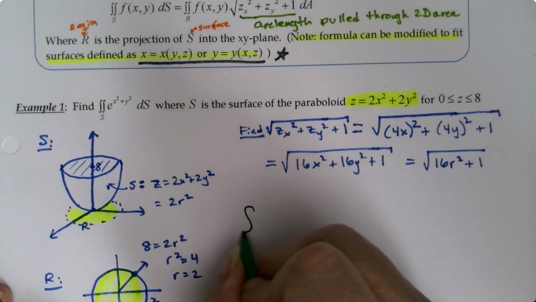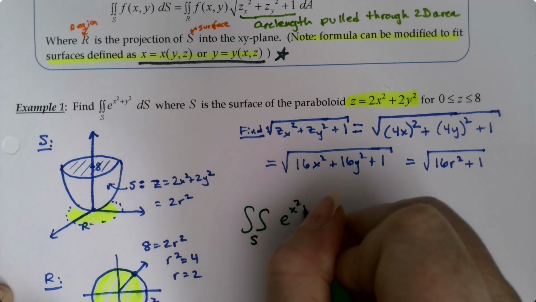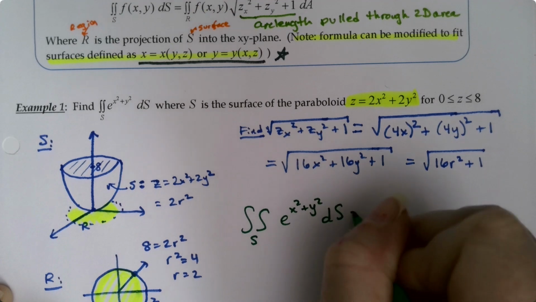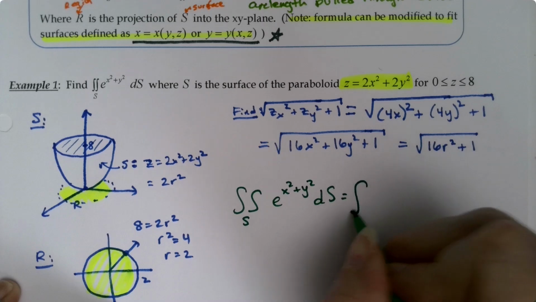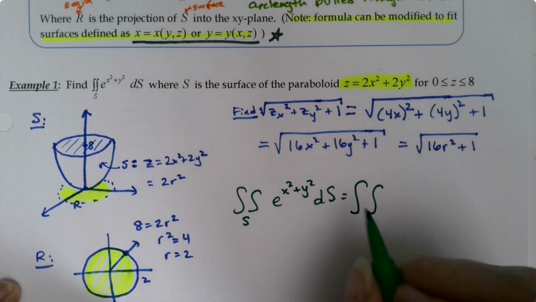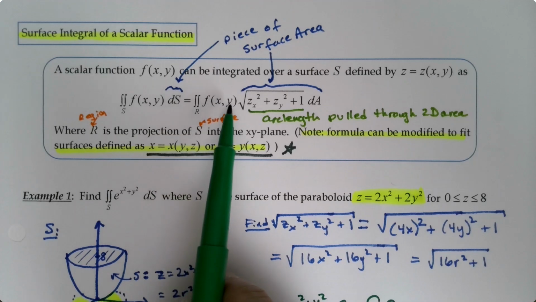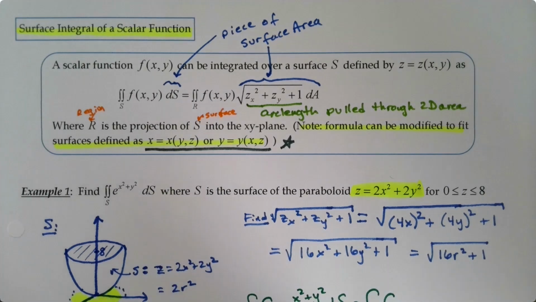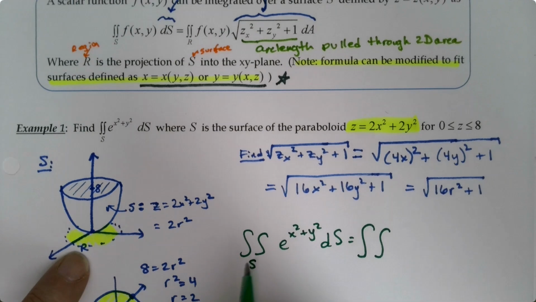All right, so the integral over the surface of e to the x squared plus y squared dS is equal to the double integral over the region now of f of x, y. Okay, so we better fix that real quick. We can't use x squared plus y squared if we're going to go to polar, which we are.